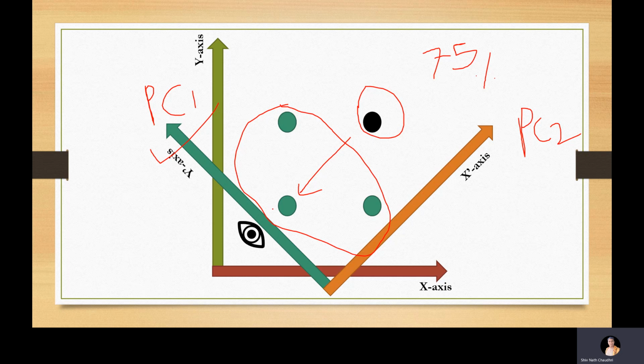These 2 points are common points which are also visible from x-dash axis and this is the unique point which is visible from y-dash axis and hidden when we see the points from x-dash axis.